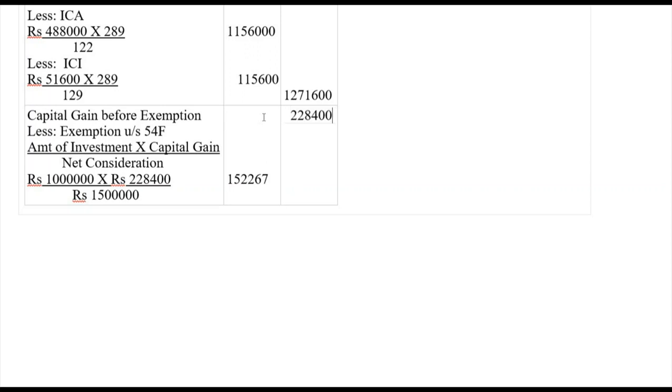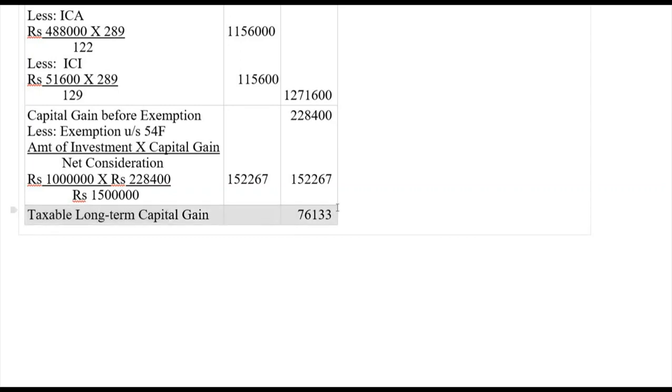We should deduct this 1,52,267. The difference is the taxable long-term capital gain, which will be rupees 76,133. Let me make this bold.